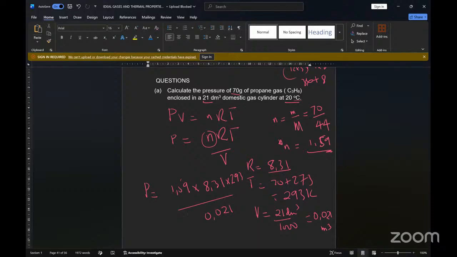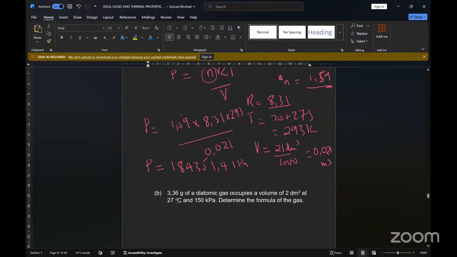Okay, so our pressure is 184,351,41 Pascal. Okay, so you can leave it like this as Pascal.